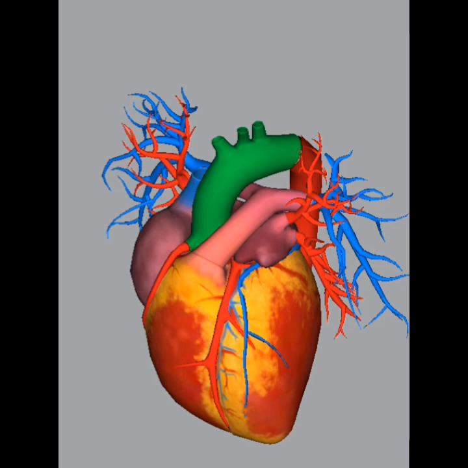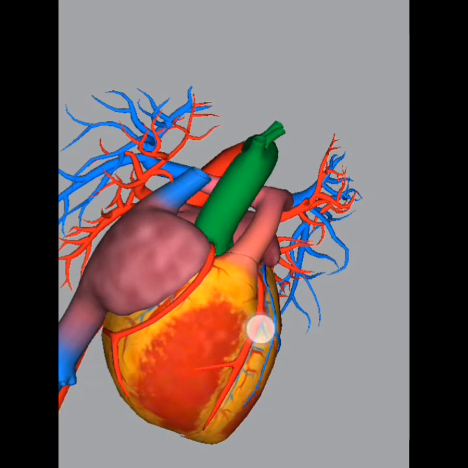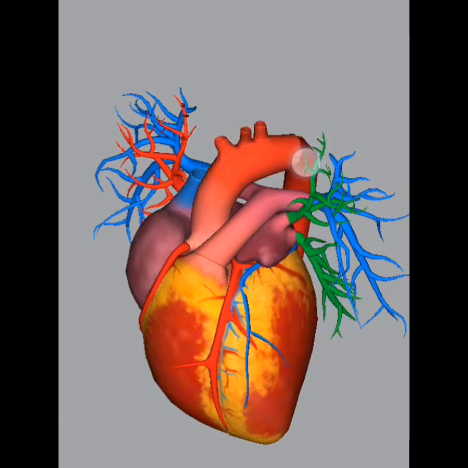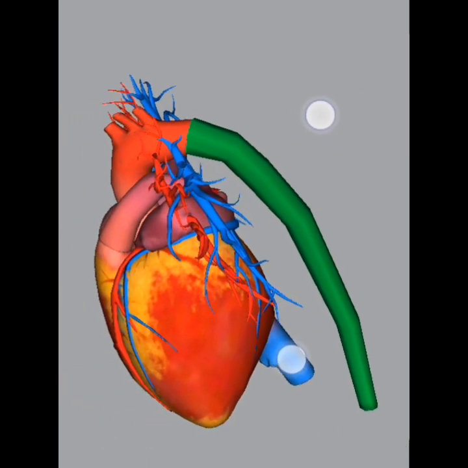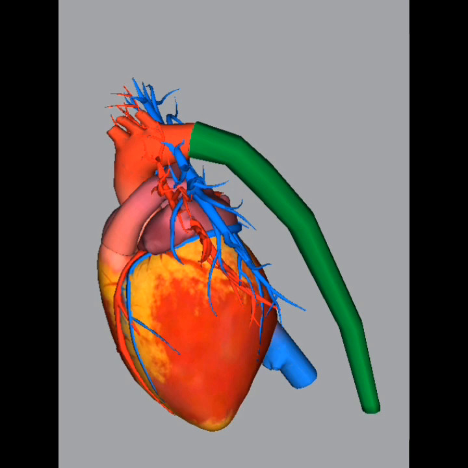These branches supply the upper part of the body. The one we are seeing down here, this reddish thing, we call the descending aorta. It supplies the abdomen and the lower extremities.